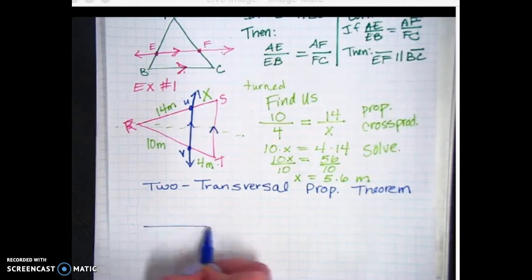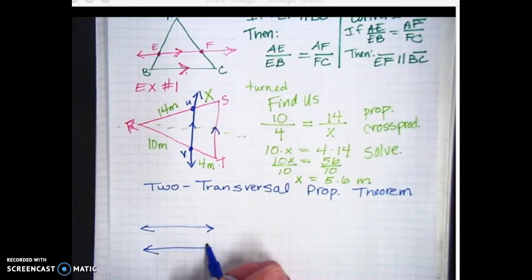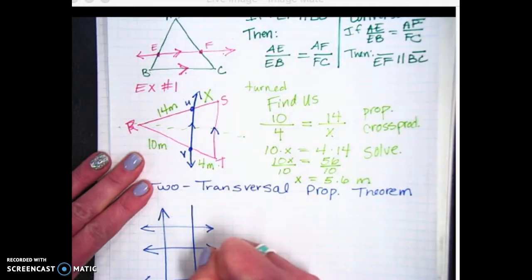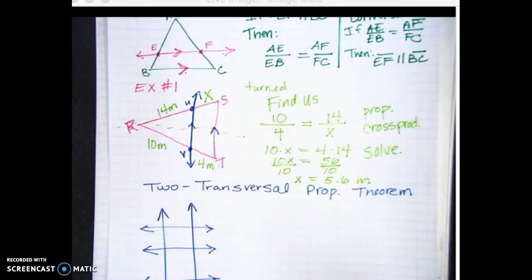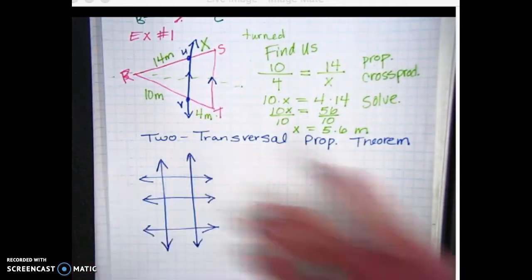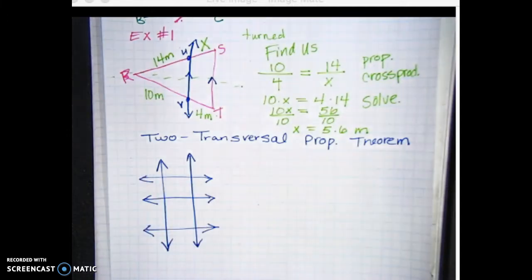Okay, so it's quite possible that you would just have some lines, and then you would have some more lines. You're just going to have lines everywhere. Okay, so we're going to do 3 horizontal lines, 2 vertical lines. That creates a bunch of intersections.